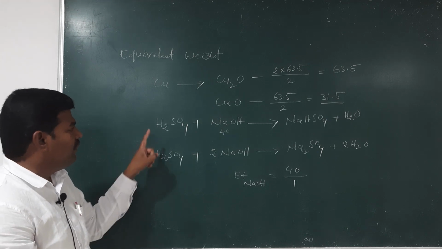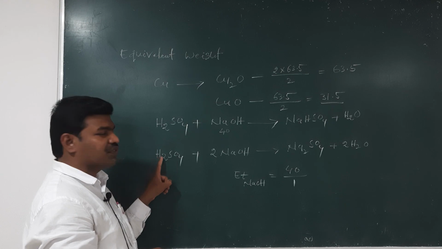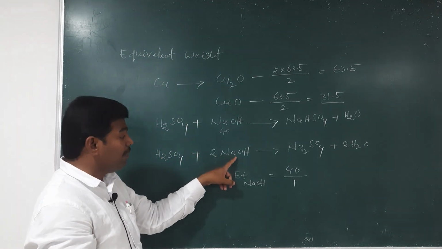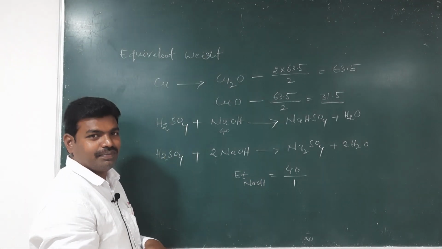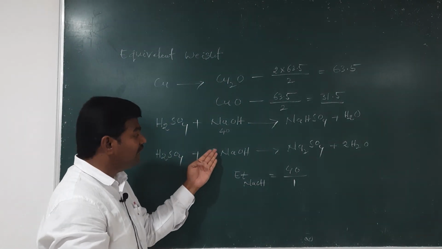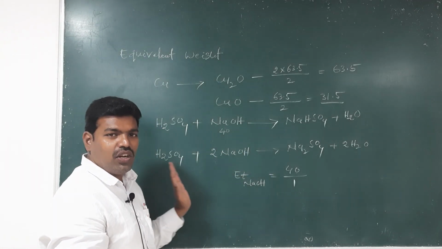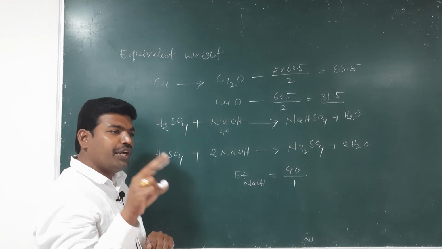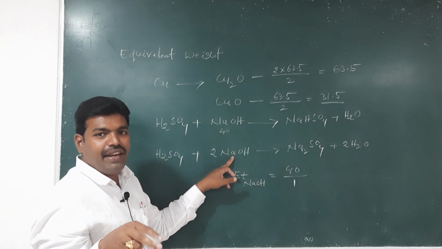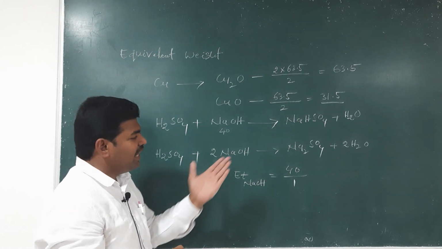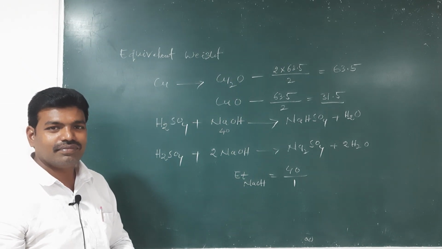Next, for example, 2 into 40, 80 grams of sodium hydroxide displaces 2 hydrogens. In this case, 2 into 40, 80 by how many hydrogens it displaces? 2. 2 into 40 by 2. 2 get cancelled. Again its equivalent weight is 40.